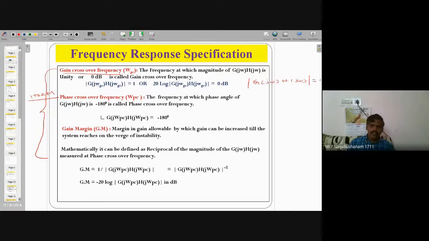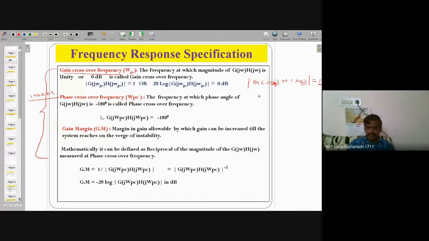Listen: for what frequency, if you replace omega in the given transfer function, is its magnitude equal to 1? I repeat, the frequency for which the magnitude of the loop transfer function is equal to 1 is called the gain crossover frequency. That means replace omega with omega GC.